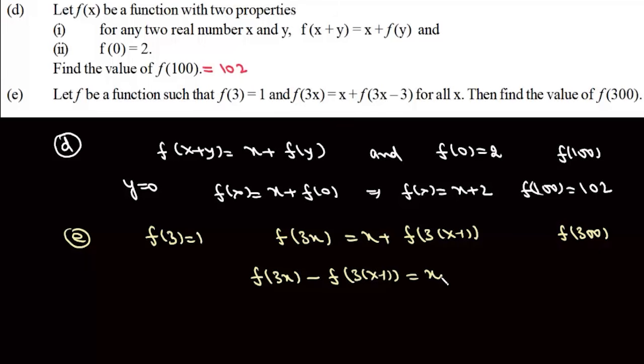Now there are two ways to solve it. Either we can solve it directly because we are required to find the value of f(300), or we can say let g(x) = f(3x). So we can write g(x) - g(x - 1) = x.